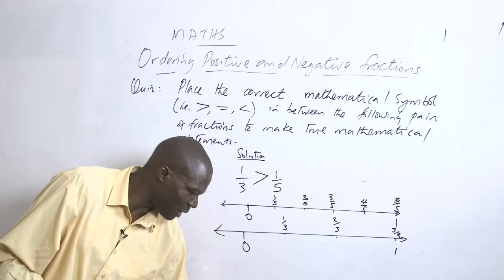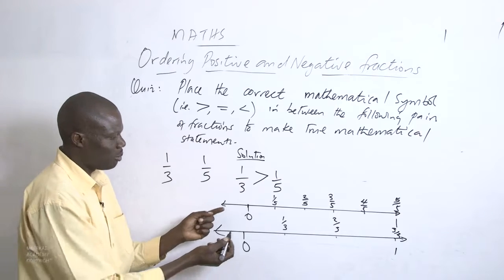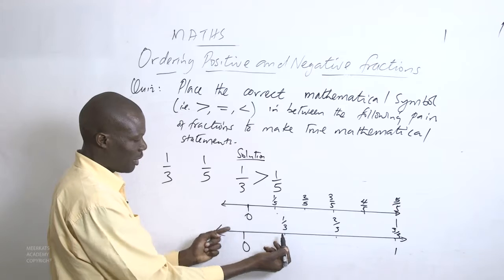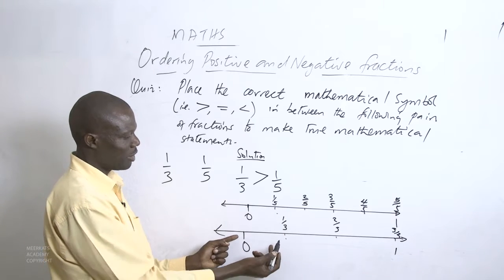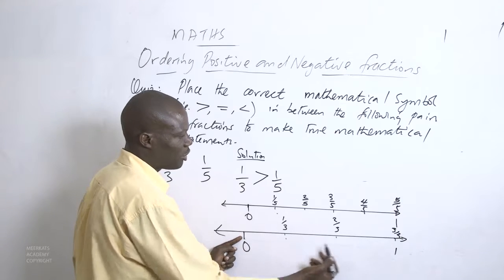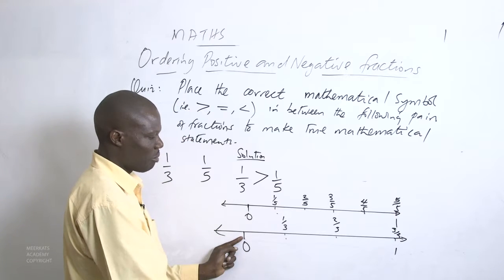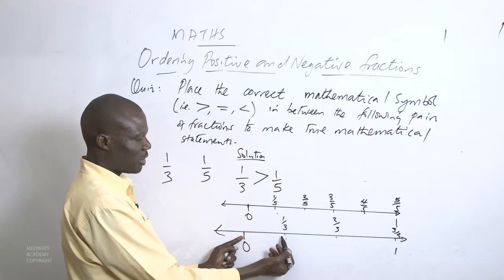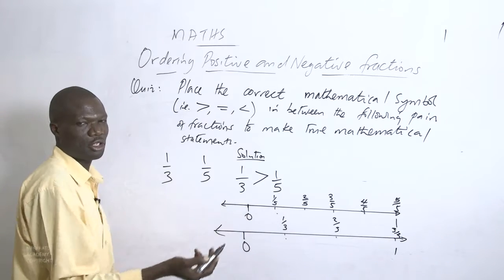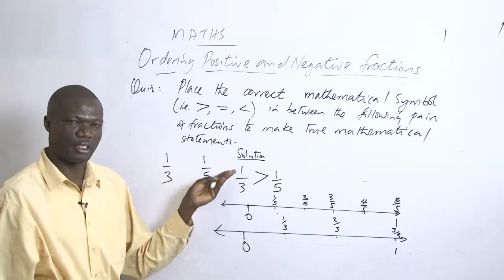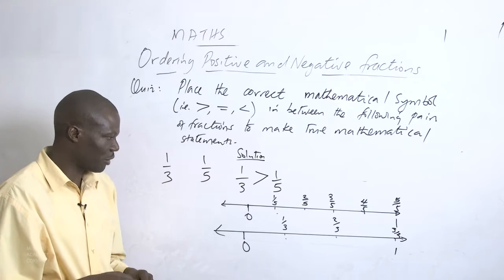From 0 to 1 is the same, but a third is wider than a fifth. So the number line can also tell us that a third is greater than a fifth.